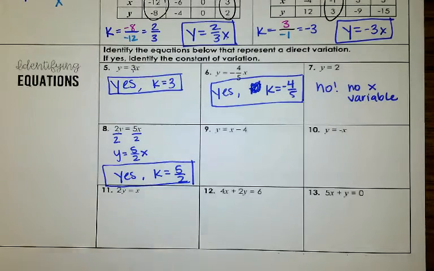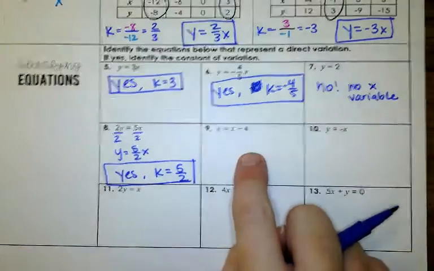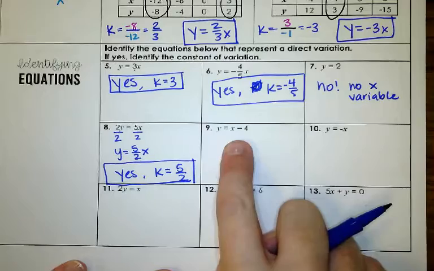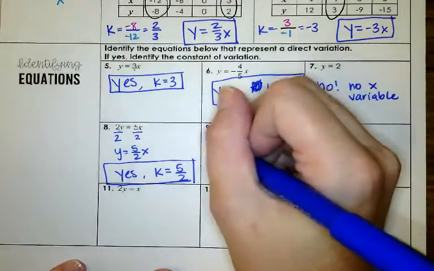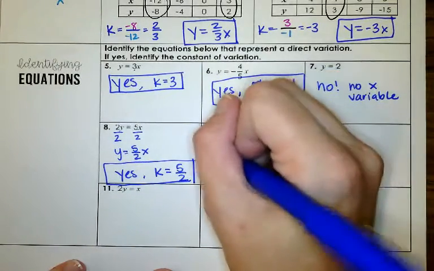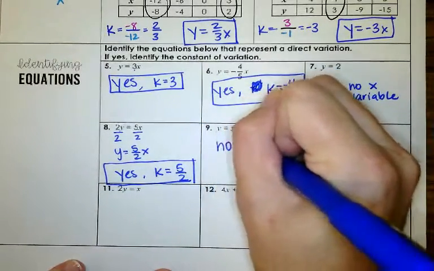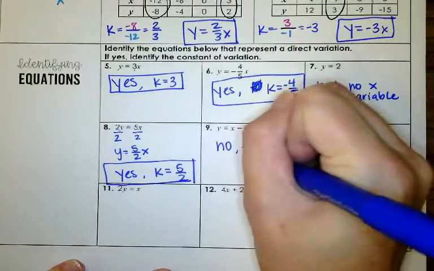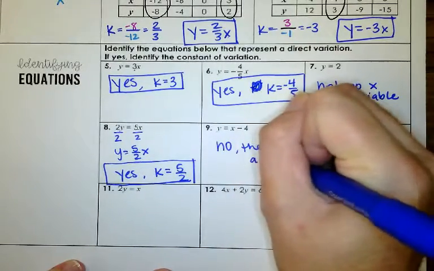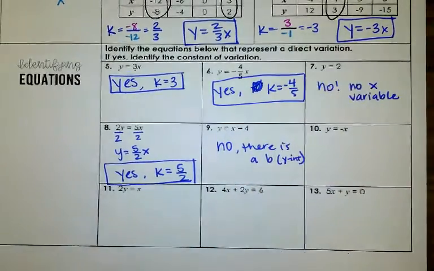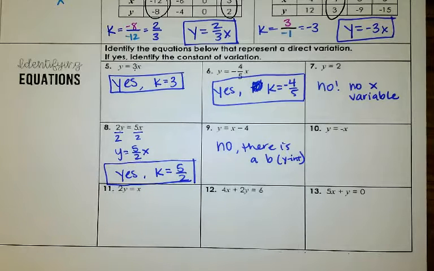All right, what about number 9? Direct variation? What's the problem there? Yeah, there's a negative 4. So this is no. There is a b, or a y-intercept. If the y-intercept is not 0, it's not going to be direct variation.